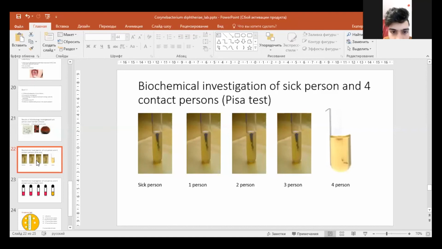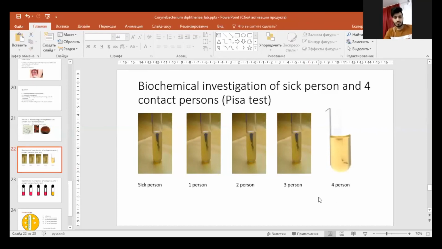The fourth one is clearly not affected. Okay, who can tell about the sick person and the first, second, and third persons, are they positive for the Pisu test?